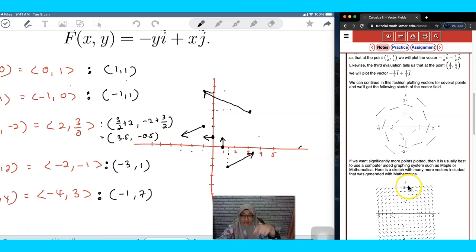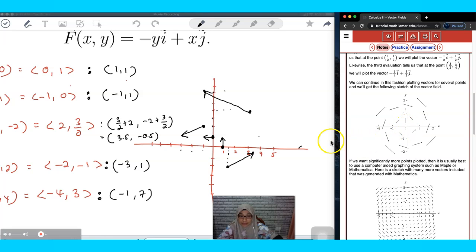Okay, just like something irrotational. No, it is rotation, right? But there is no sink point or source point. So you will know what is meant by the source point or sink point after this. Okay, you can see that it's just circling around the origin.